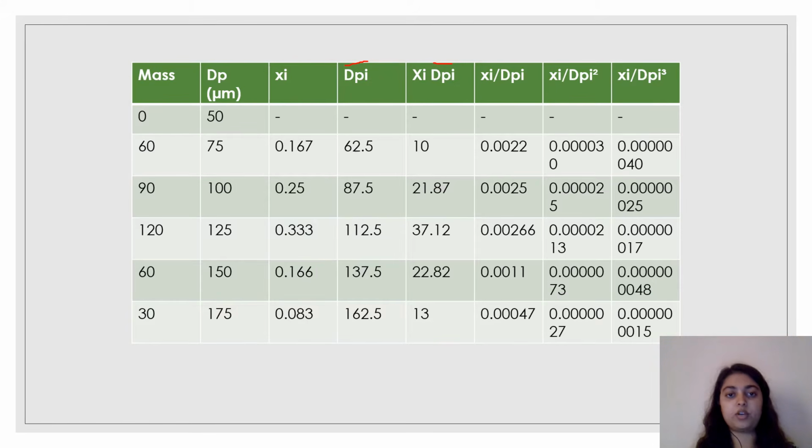First is xi. In chemical engineering, we know that xi stands for fraction. Fraction means individual weight divided by total weight. So to calculate the xi column, I first have to calculate the summation of this mass. The summation of this mass is equal to 360.